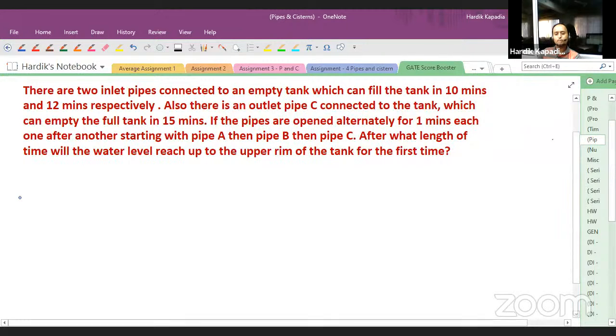There are two inlet pipes connected to an empty tank which can fill the tank in 10 minutes and 12 minutes. Let's say A is an inlet pipe, B is also an inlet pipe. Also, there is an outlet pipe, C, and it can empty the tank in 15 minutes.